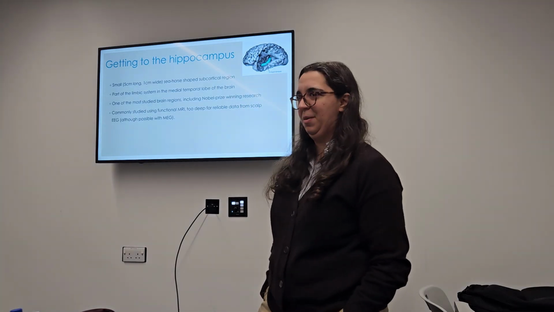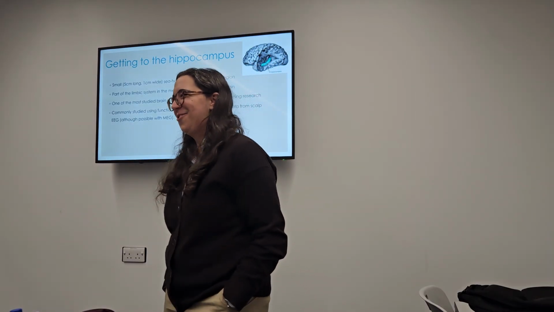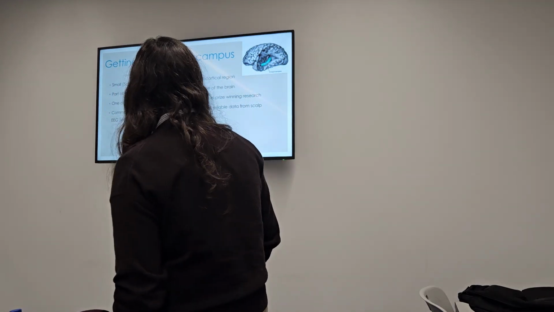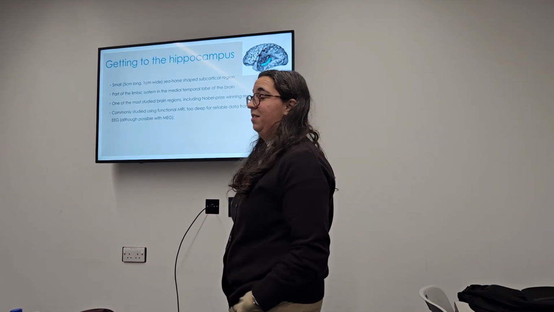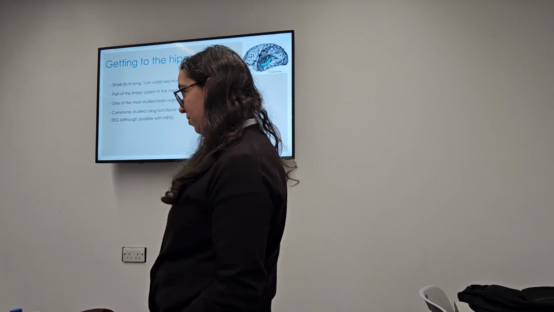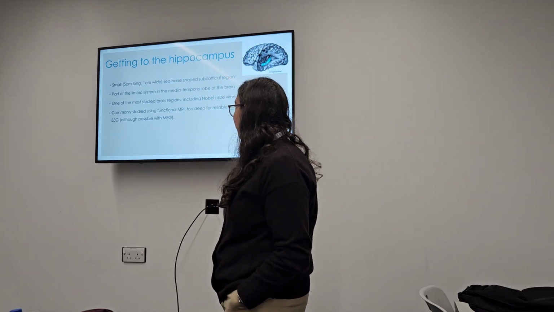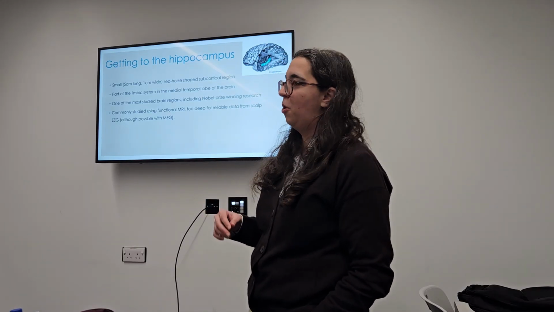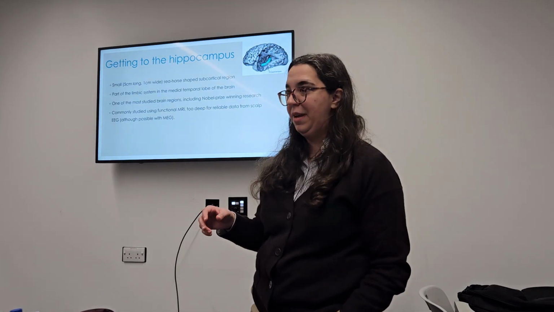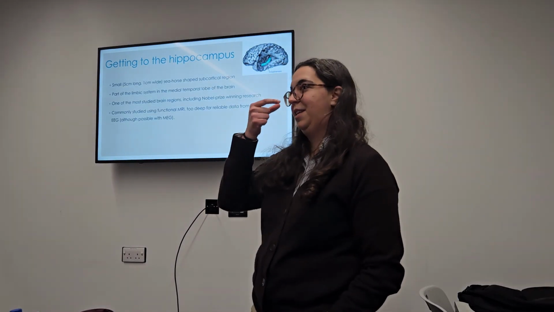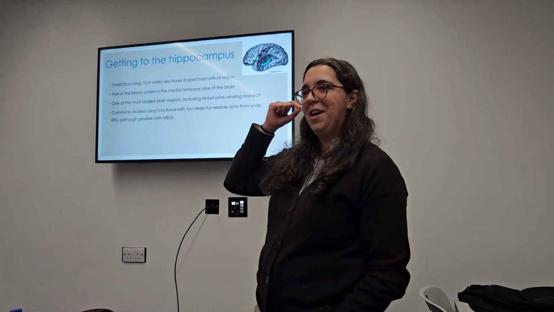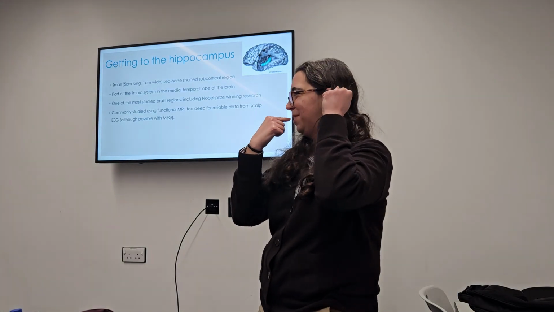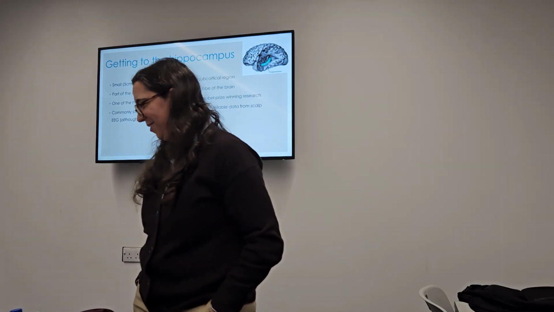Be very wary of people who tell you that they can localize things with scalp EEG to the hippocampus. Although recent advances in MEG do allow that, there is a very nice, relatively new method called optically pumped MEG, OPMs, where you can put a little sensor inside the mouth and that will make it closer to the hippocampus, and that's how you record the signal.